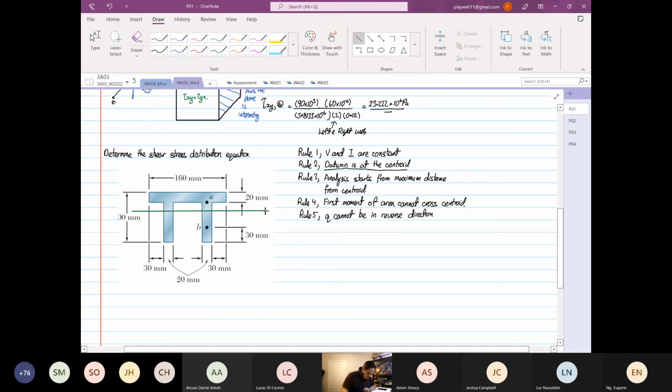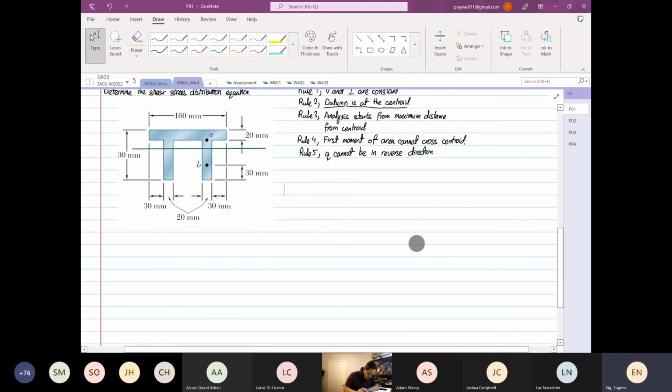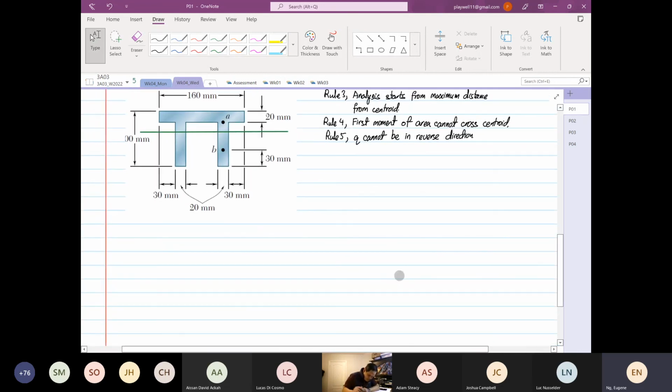So the first part is we are going to determine the shear stress equation of the flange.